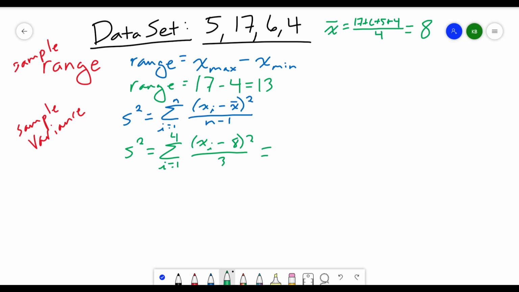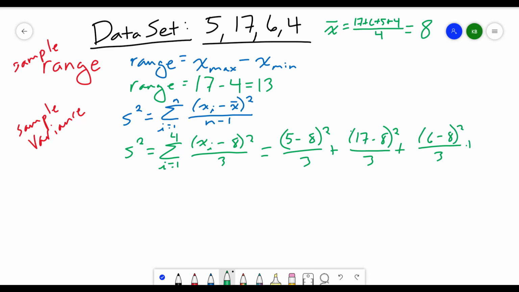I have 5, so I'm going to do 5 minus 8, squared, divided by 3, plus 17 minus 8, squared, divided by 3, plus 6 minus 8, squared, divided by 3, plus 4 minus 8, squared, divided by 3.